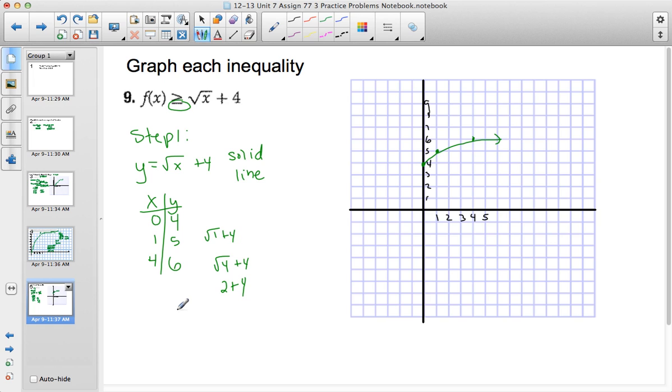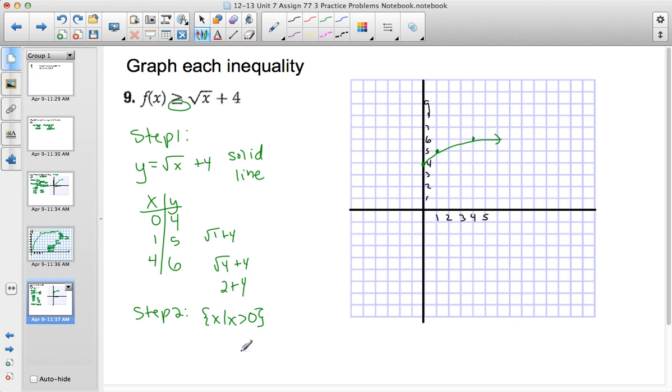Okay, and then we need to do the shading. So that's going to be step 2. I need to check my domain on my shading, because the difference here isn't just above and below. That's part of it, but I need to make sure it falls within my domain. Shading above the line or below the line is about the range. I need to check the domain. So the domain in this situation is x such that x is greater than 0.